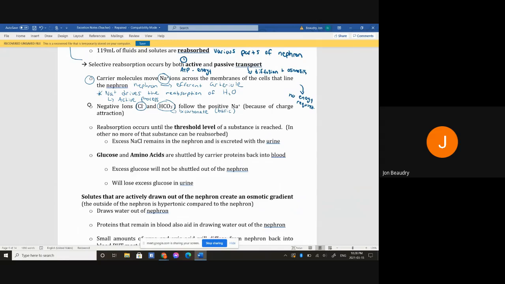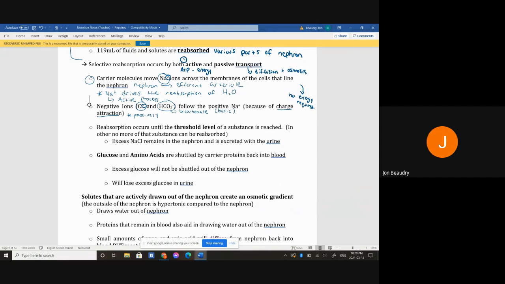What's going to happen because of something that I call charge attraction, meaning that opposite charges attract, the positive sodium ion right here wants to be closely linked to the negative chloride ion, or the charge right there. So I will have chloride ions flowing out of my nephron as well, passively.